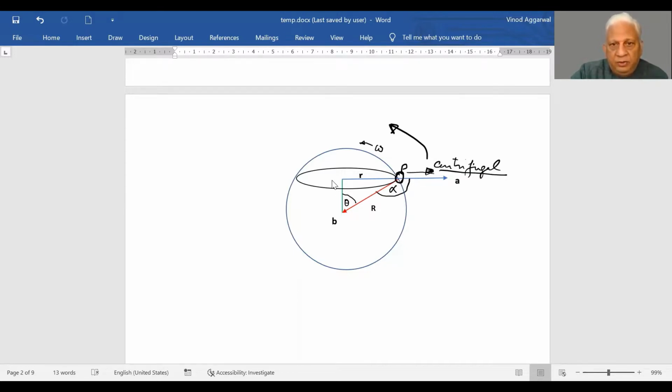And the magnitude of this centrifugal force will not be the same everywhere, because the radius is changing everywhere. This angle theta is changing everywhere. So let's analyze it. Let's say there is a particle P which is making angle theta with the vertical.